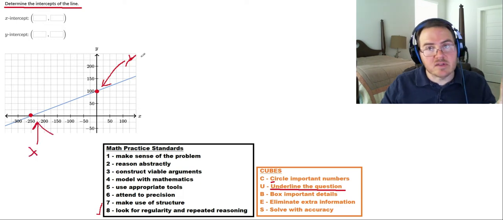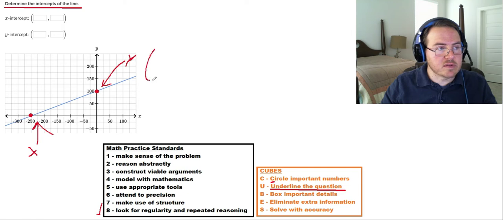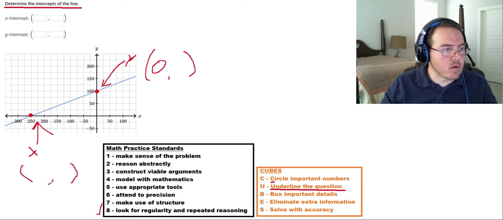So that means now we know where some zeros are going to go. This one has a 0 in the x column because it didn't go over left or right at all. And this one is going to have a 0 in the y slot because it didn't go up or down at all. So let's see. This one looks like it's at negative 250.